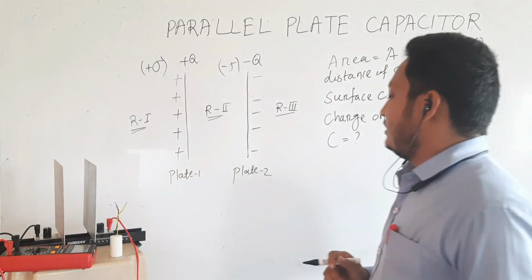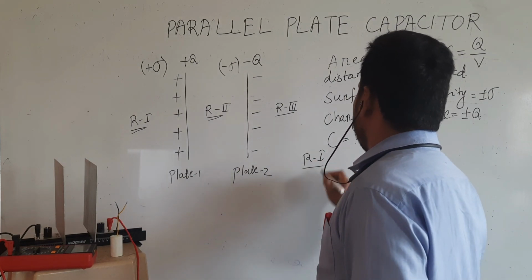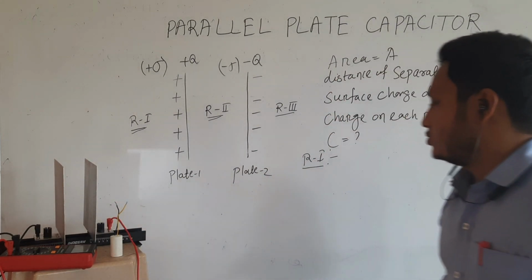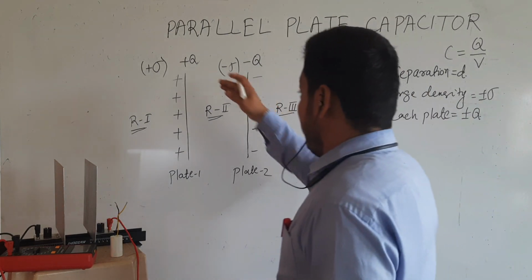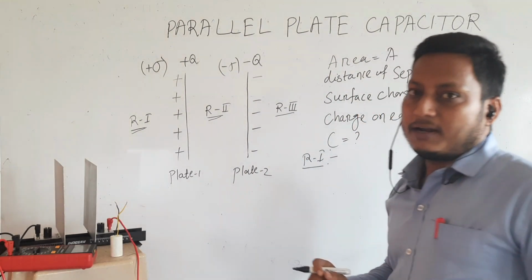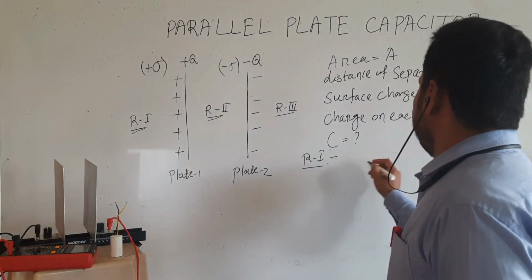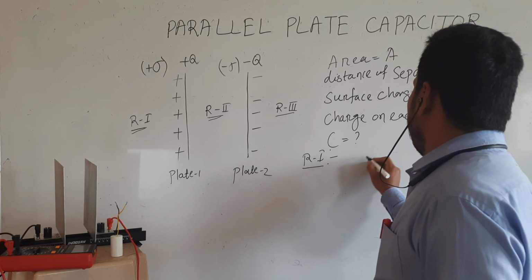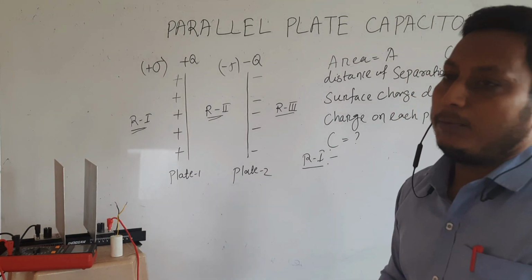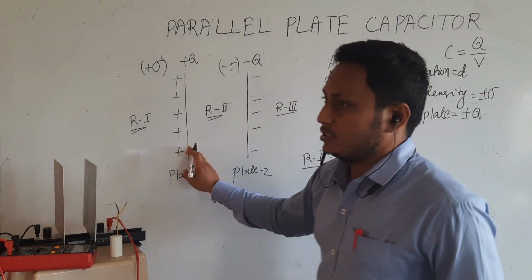Now let's find the electric field for region 1. As you know, each plate is like an infinite plane sheet, and for this the electric field is sigma upon epsilon naught.